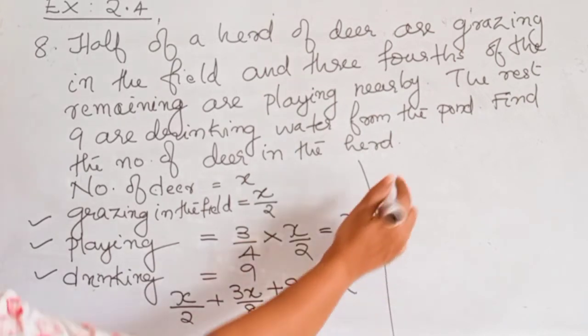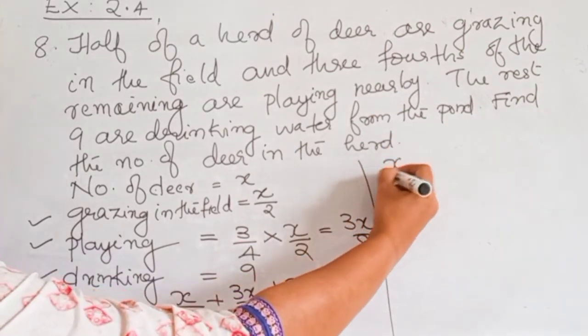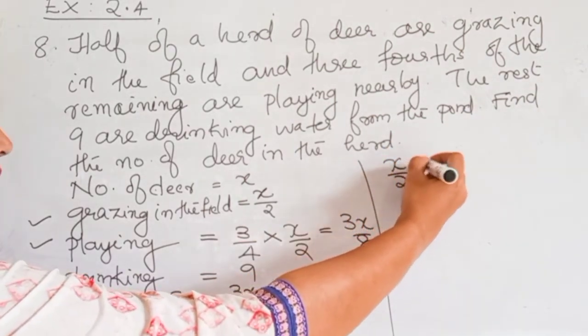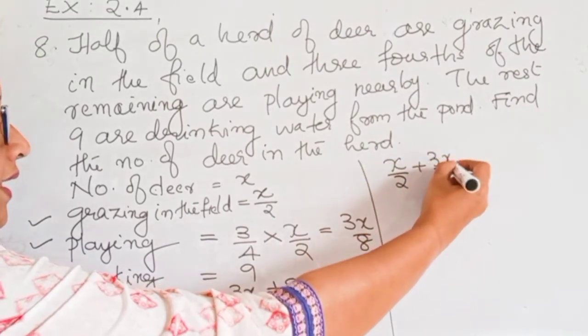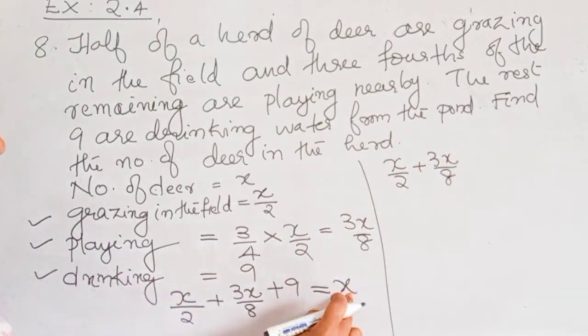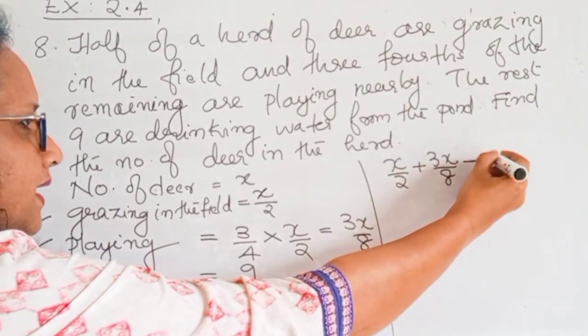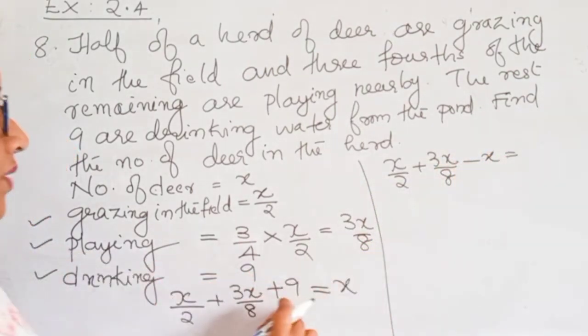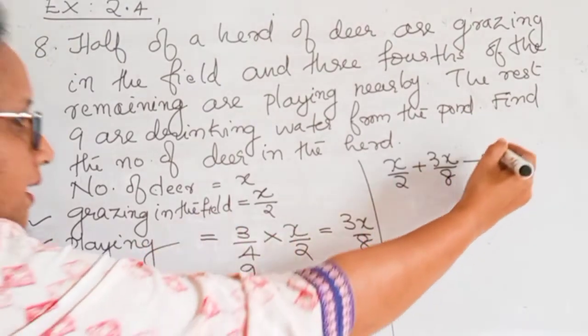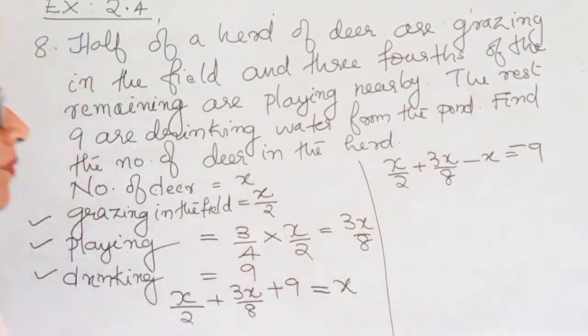What we need to do for solving this equation: we can bring all the x terms to the LHS. So this x, if you take it to the LHS, becomes minus x, and I'm going to take this plus 9 to the other side, it becomes minus 9.